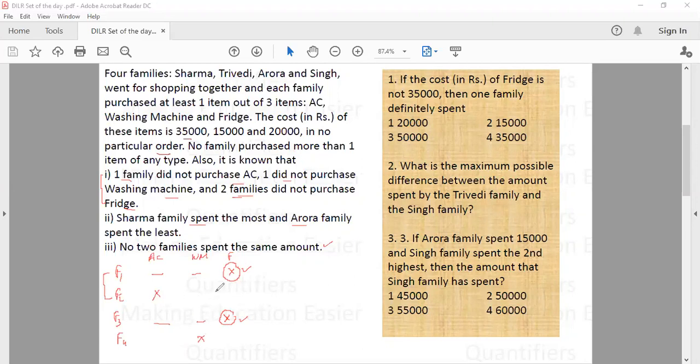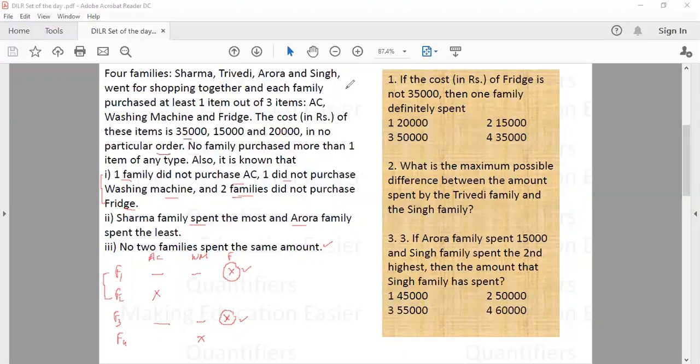That is the only possibility. Otherwise, if you take that every family is avoiding one of the items, then in that case 2 families will be purchasing for the same amount of money.